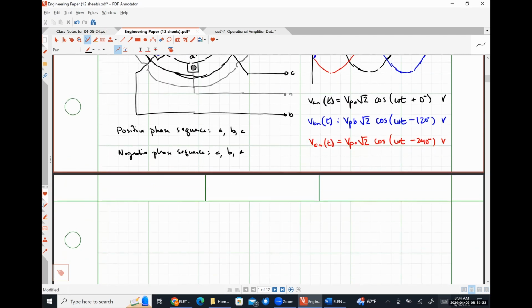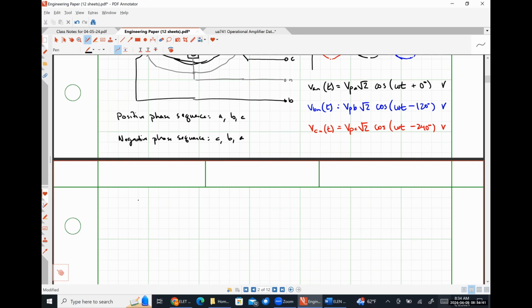So from an RMS standpoint, this means that we are effectively going to have 3 voltages.